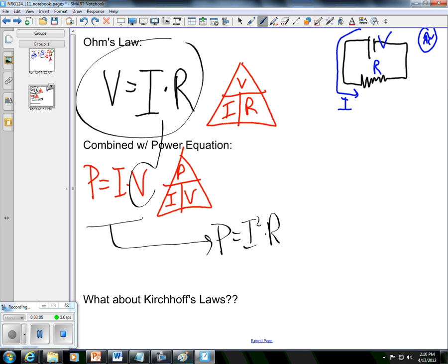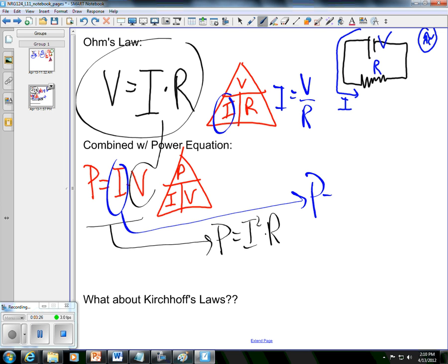Now let's say that we wanted to substitute in the current. Well, we know that current is voltage over resistance. So power, substituting in, is voltage times voltage, or voltage squared, over resistance.